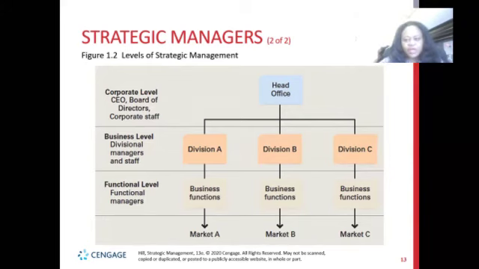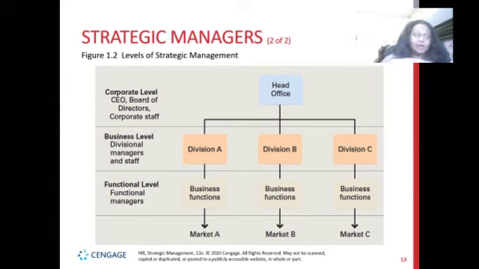And then at the functional level, you're going to have the managers who are responsible for specific functions of a firm. Functions of a firm will be really value chain functions, all of the different functions responsible for transforming an input into an output. That's what the value chain is.